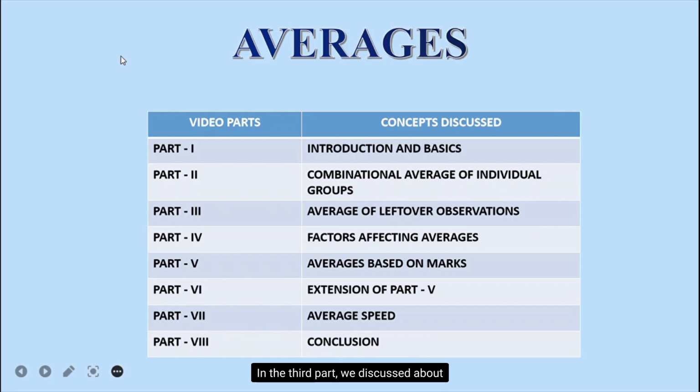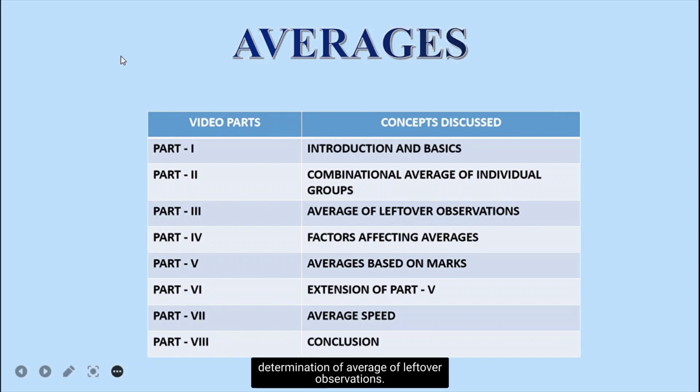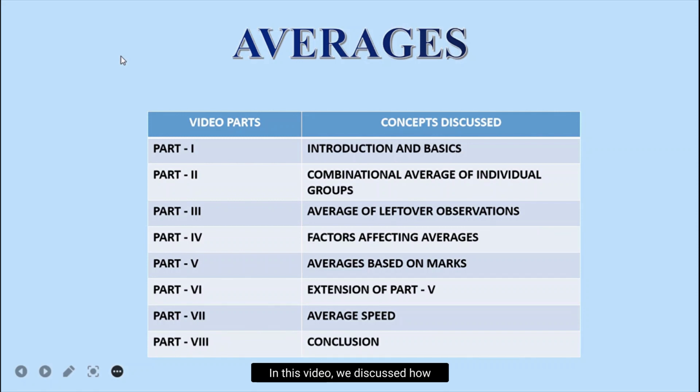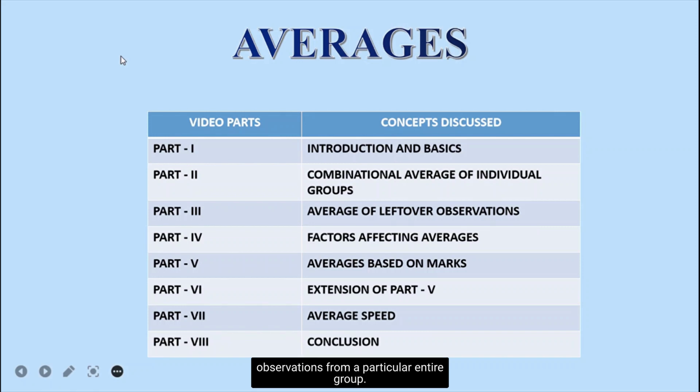In the third part, we discussed determination of average of leftover observations. This part was an extension of the part 2 video. In this video, we discussed how to determine the average of leftover observations from a particular entire group.